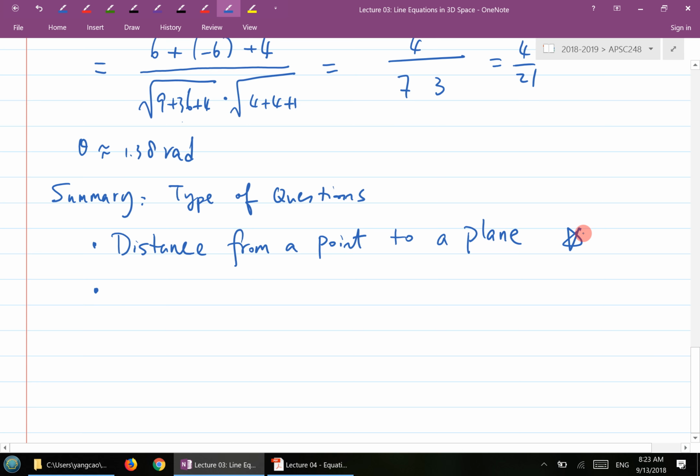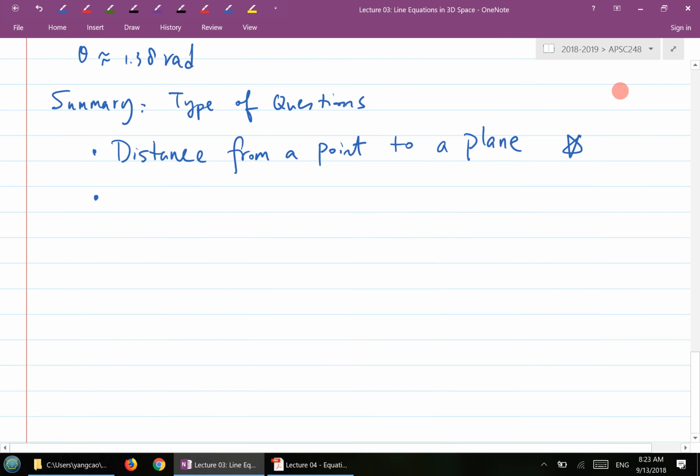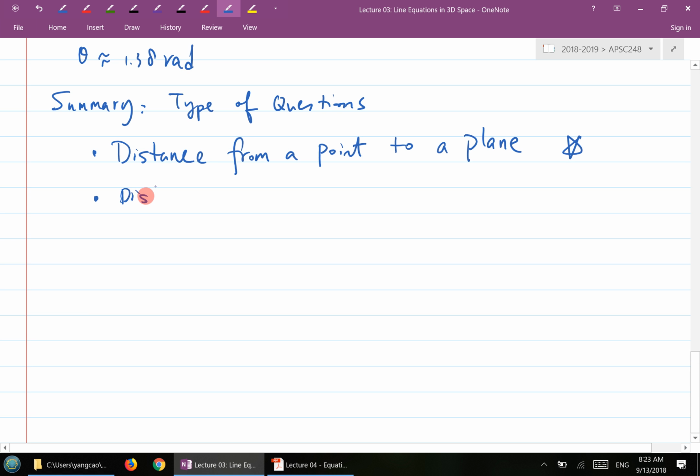And another question that I raise here is, what will be the distance between two planes? I'm not going to give you a solution for now. This is something I want you to think about. If you can't think of a solution, feel free to come and ask me.